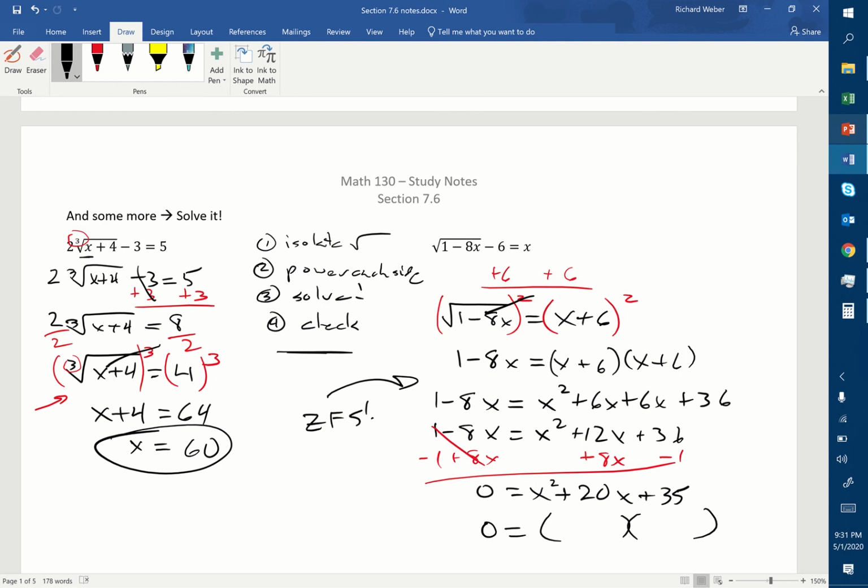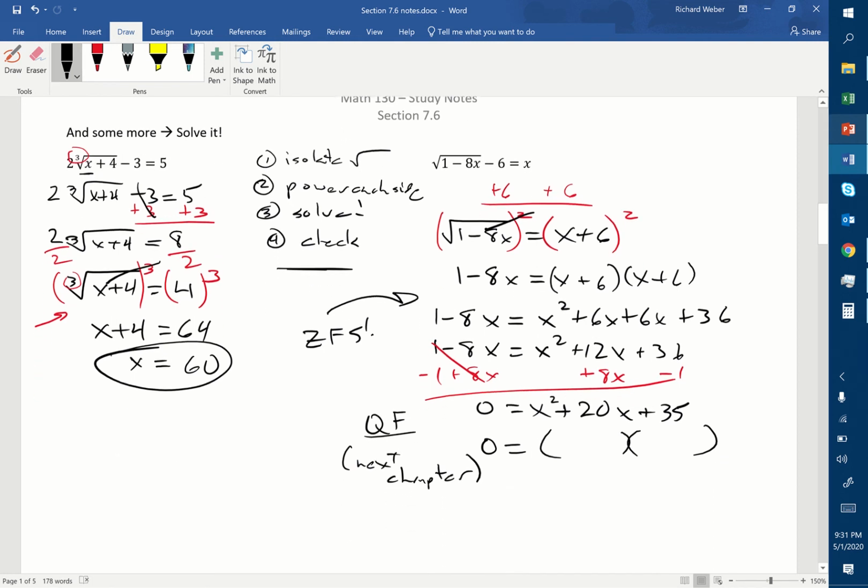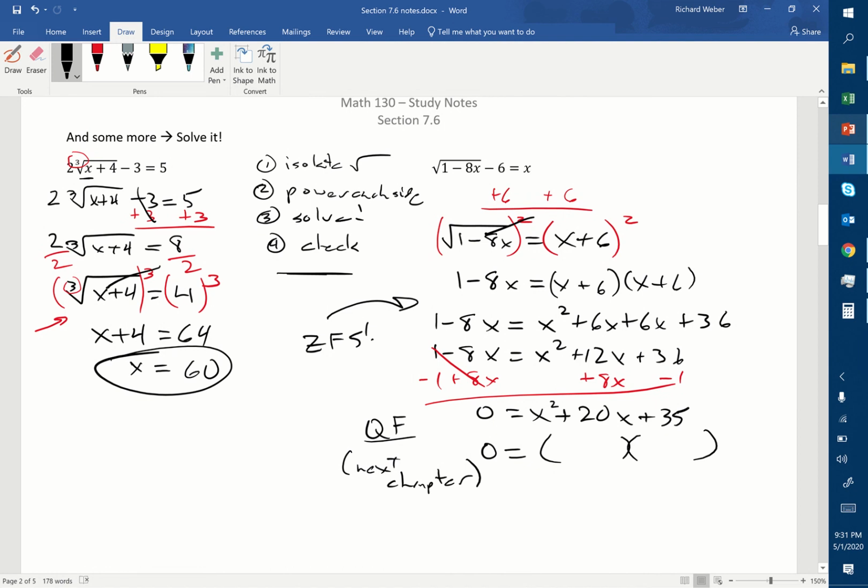What we would have to do is go to chapter 8 and do what? Quadratic formula. Next chapter. Well, this is an example of how math isn't always clean, and there are mistakes to be made. Okay, one more to show you. Sorry, we'll have to defer that to chapter 8. Gosh, that drives me crazy.